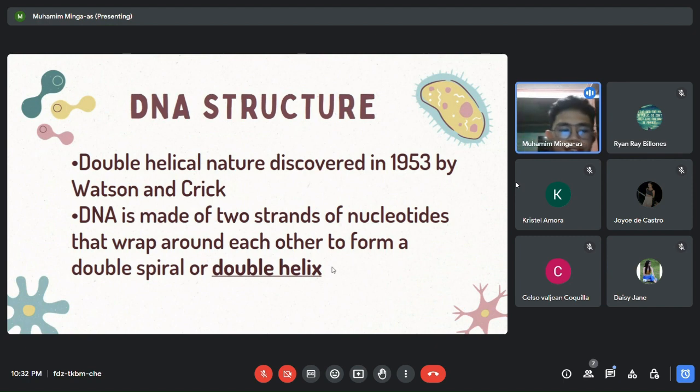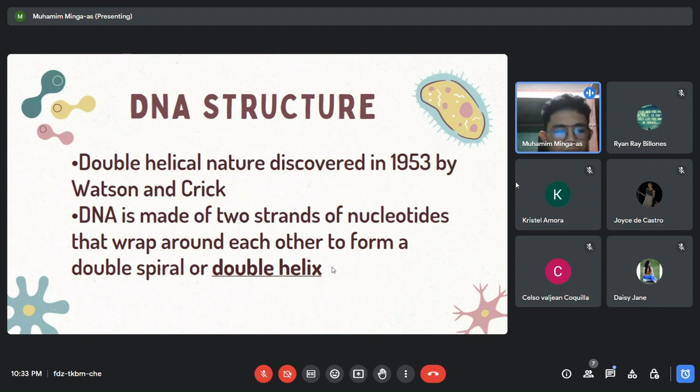RNA usually exists as a single-stranded molecule. For sugar type, DNA contains a deoxyribose sugar. What is deoxyribose sugar? Deoxyribose sugar lacks one atom or molecule compared to ribose. RNA contains ribose sugar.